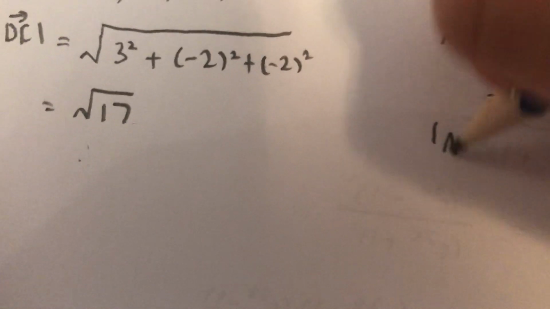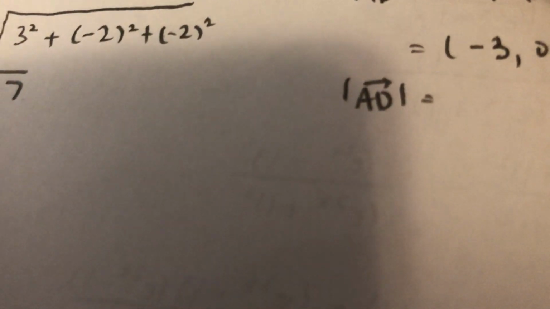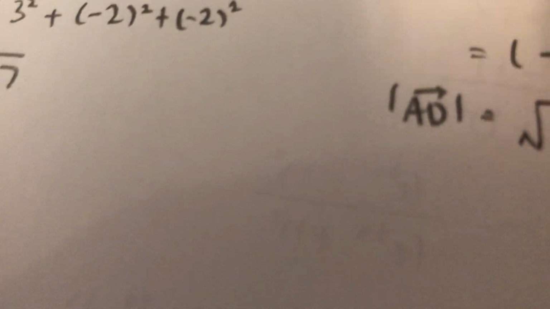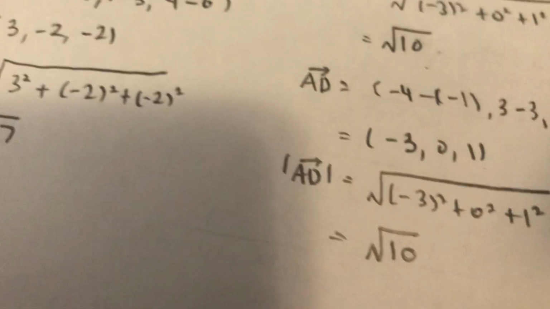So let's find the magnitude of AD. Finding the magnitude of AD, square root everything. -3 squared plus 0 squared plus 1 squared. And that's the same thing we had above, so we know the answer is also root 10.